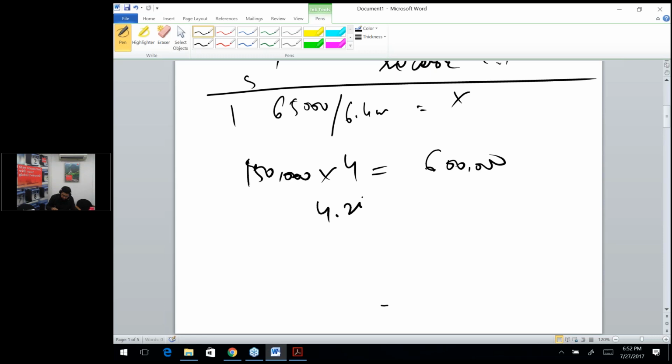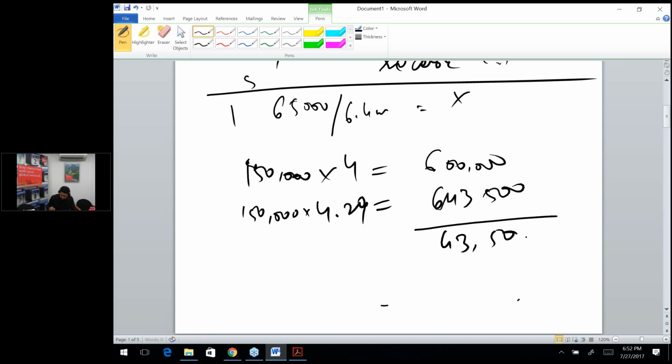Now, if they're trading at 4.29, you will actually end up getting 643,500. So that is going to be 43,500. So if this is all going to be 43,500, now what next?